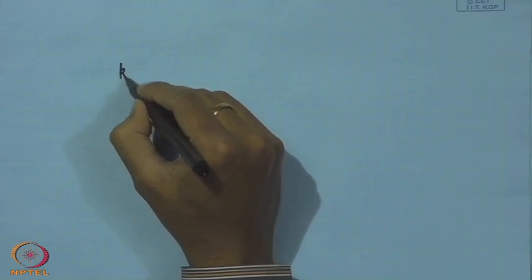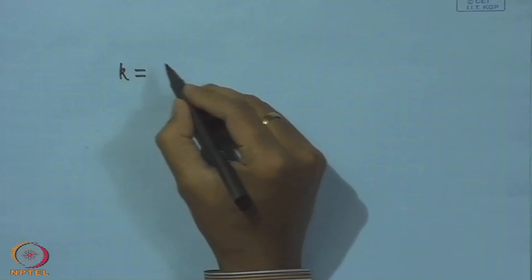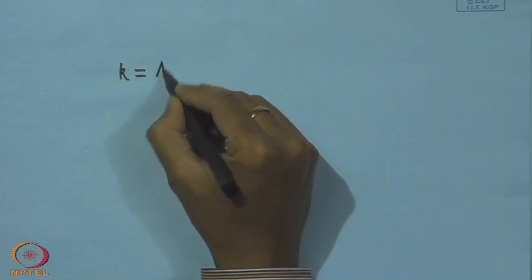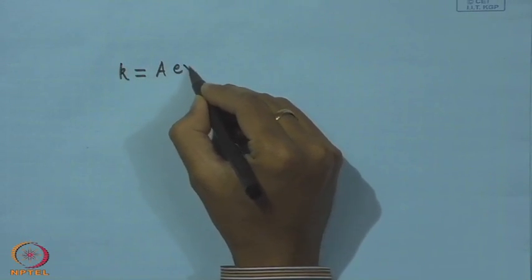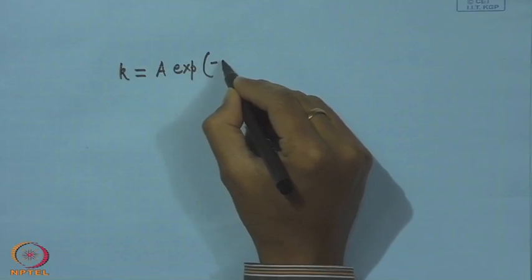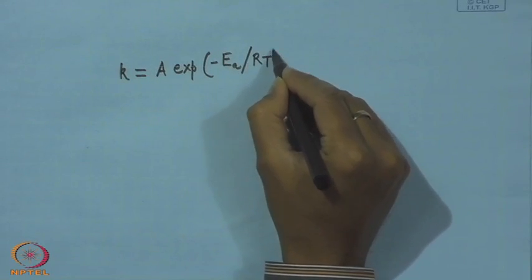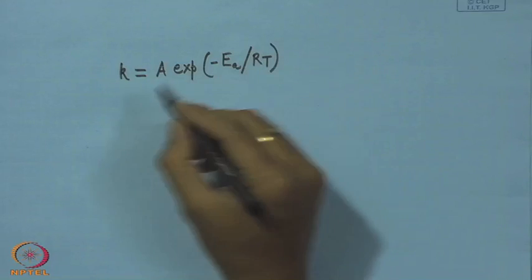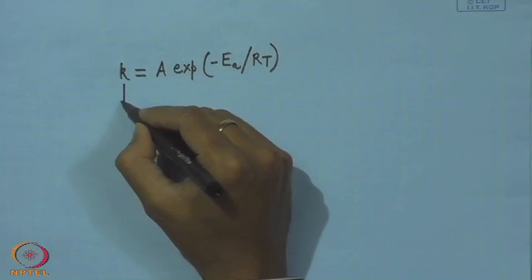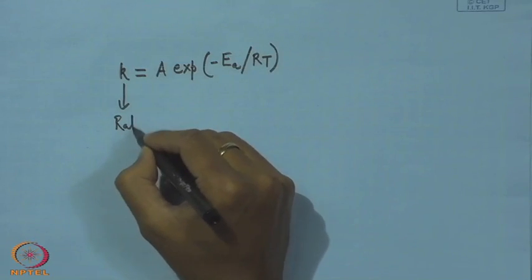So k, the reaction rate constant, is equal to A exp(minus Ea by RT). This is your rate constant.